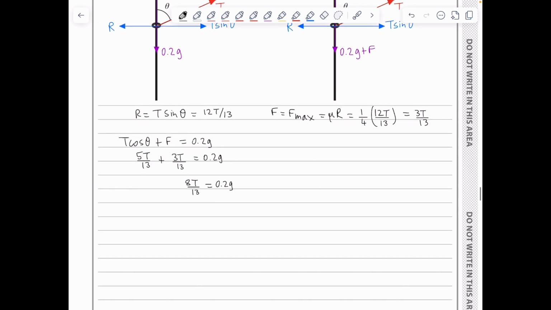I will be cross multiplying to get 8T is equal to 2.6 g, and if I divide both sides by 8, I get T to be 3.185. I will be giving my answer to three significant figures. So the minimum value for the tension, I'll call it T min, is going to be 3.19 newtons.